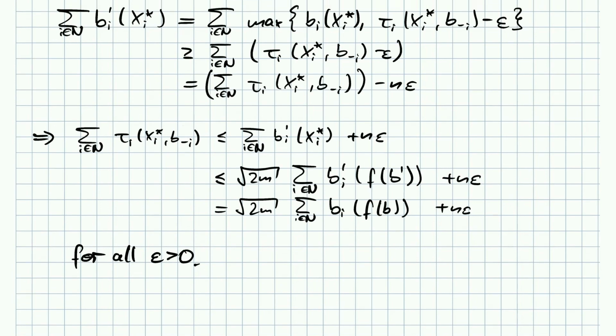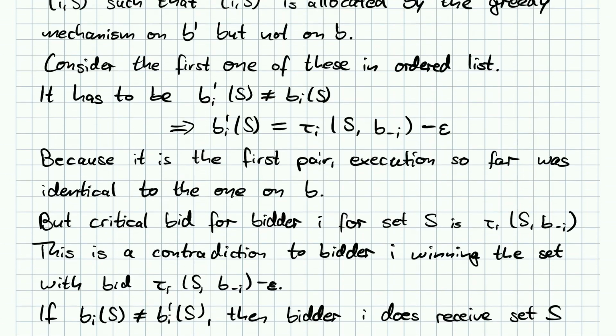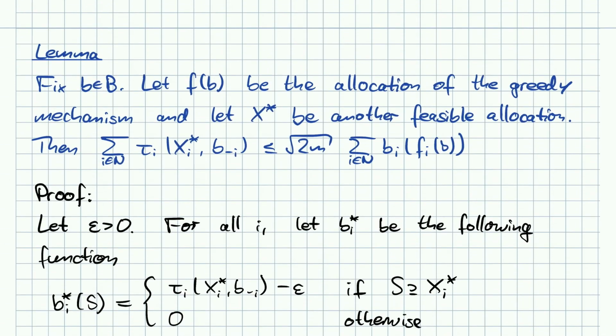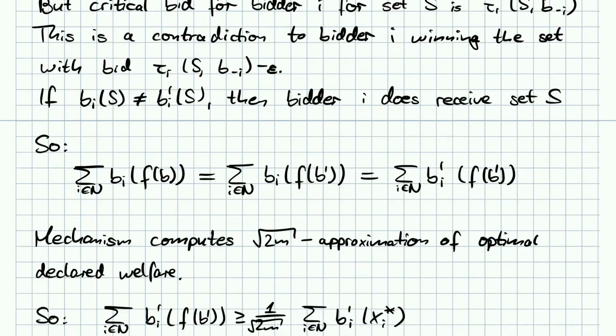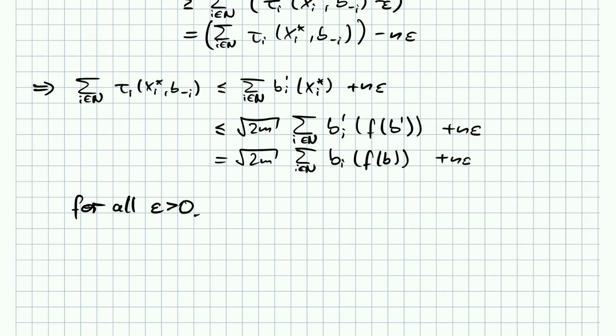And let's go back to our lemma. This here is exactly the inequality that we wanted to show, and if it were not correct, then there would be an epsilon for which this inequality does not hold. So this proves our claim.